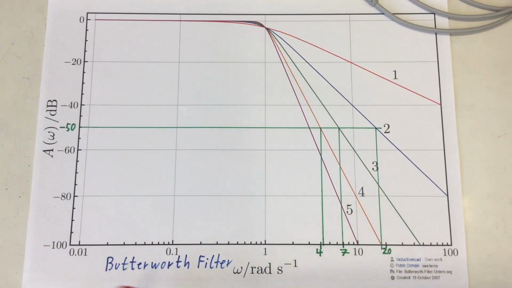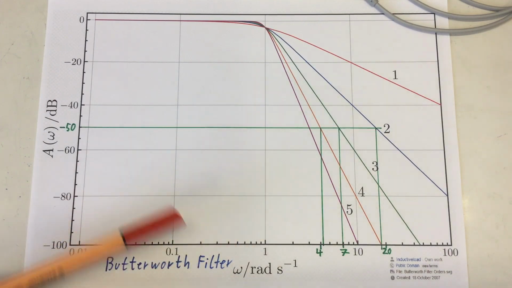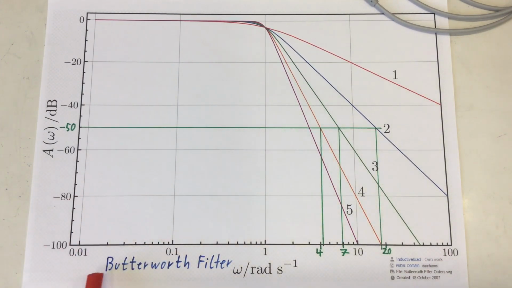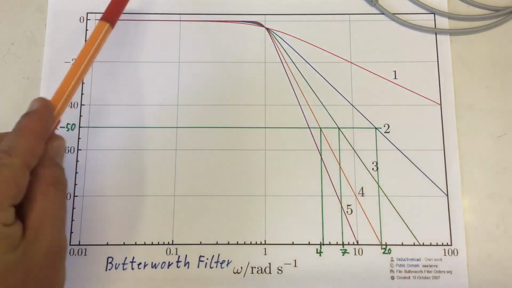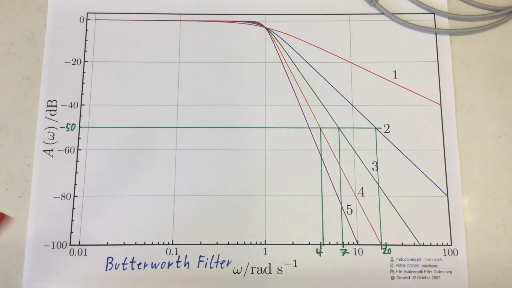These idealized filters are called Butterworth filters. And Butterworth is not a specific filter circuit. It's actually the mathematical description of these curves invented by a guy named Butterworth.